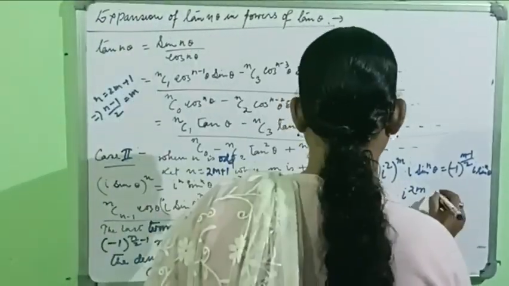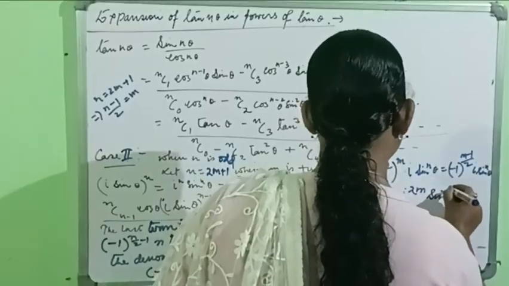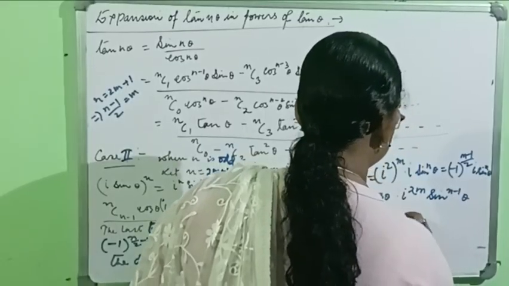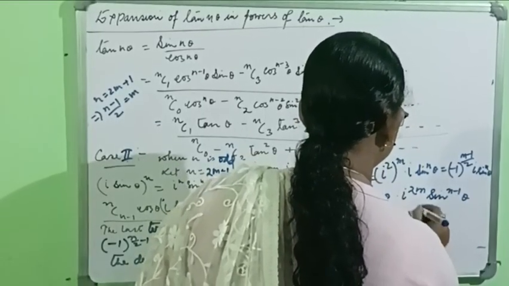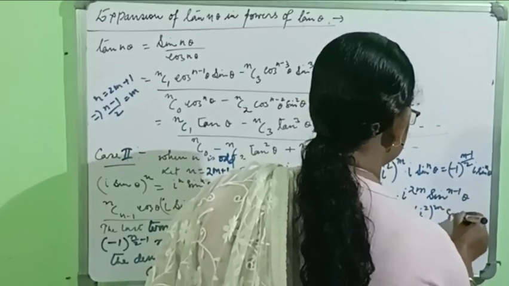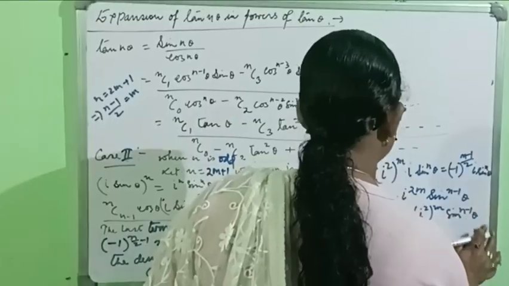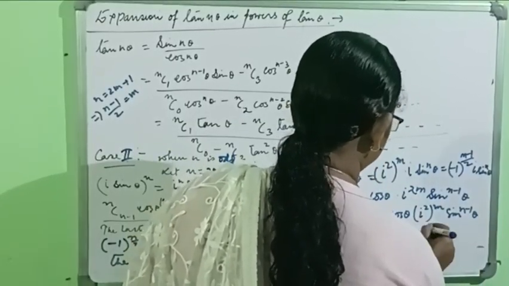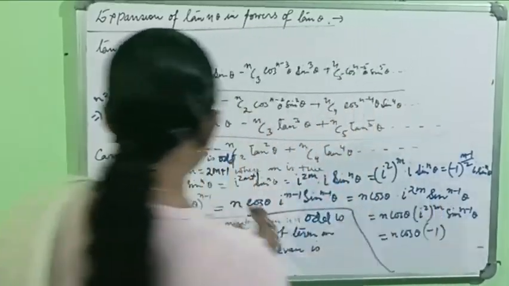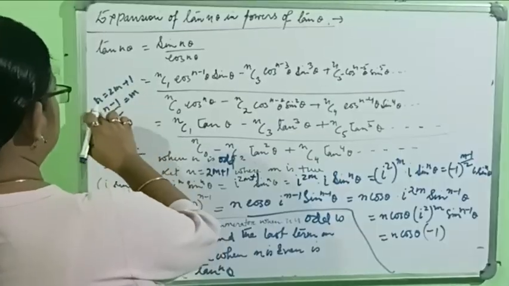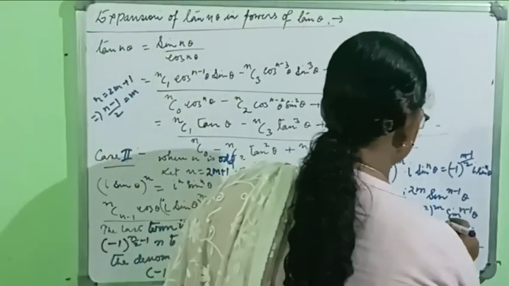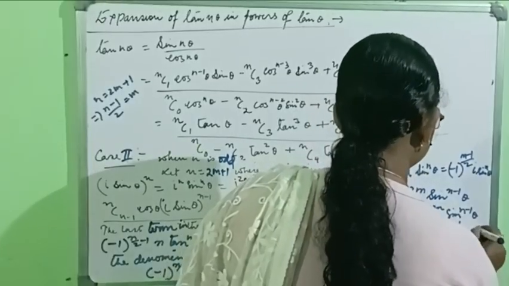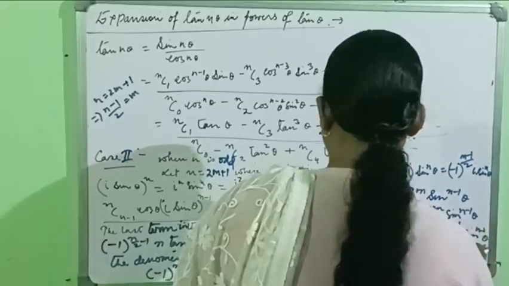Now this is sine n minus 1 theta. This is cos theta i squared to the power m sine n minus 1 theta. This is equal to n cos theta. Now from here we can obtain m equal to n minus 1 by 2, sine n minus 1 theta.